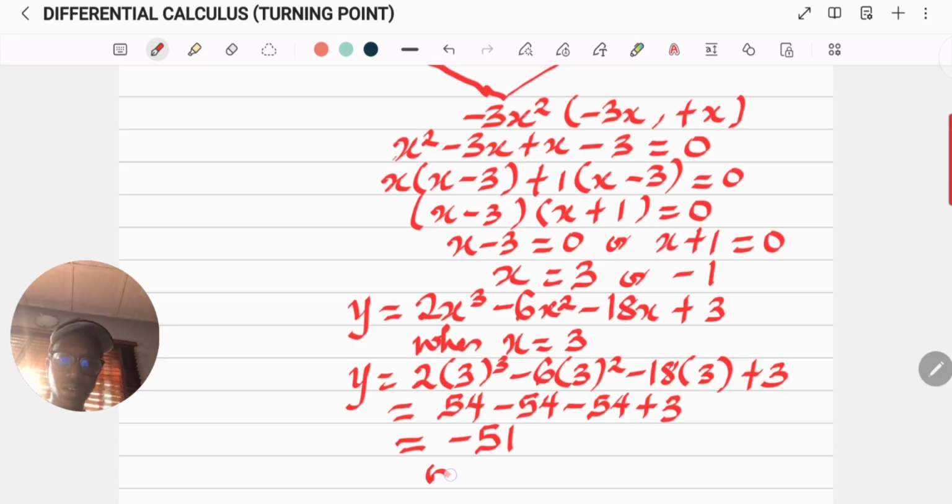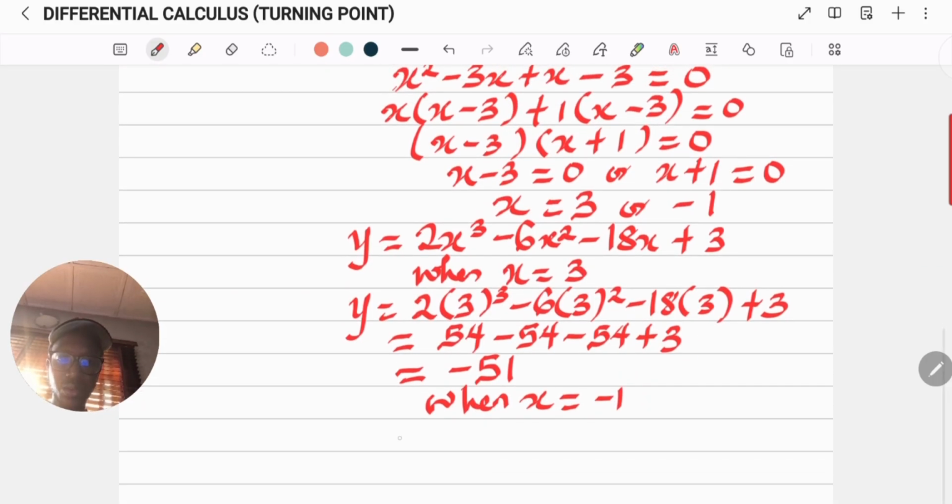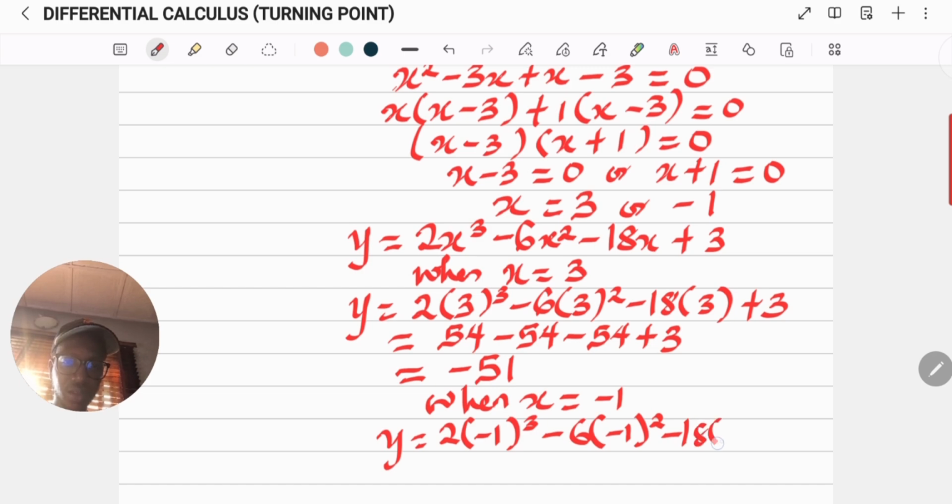So again, when x equals negative 1, y equals 2 brackets negative 1 raised to the power of 3 minus 6 brackets negative 1 all squared minus 18 brackets negative 1 plus 3. Now negative 1 raised to the power of 3 is negative 1 times 2, that's negative 2.